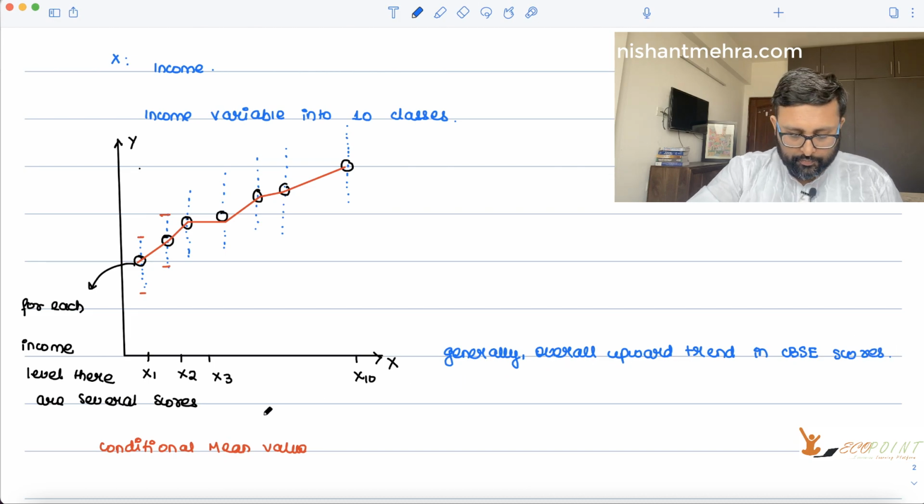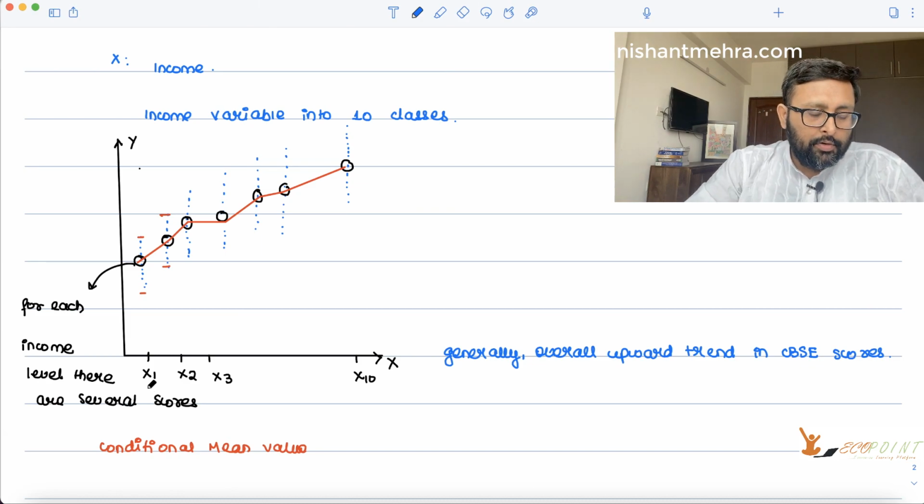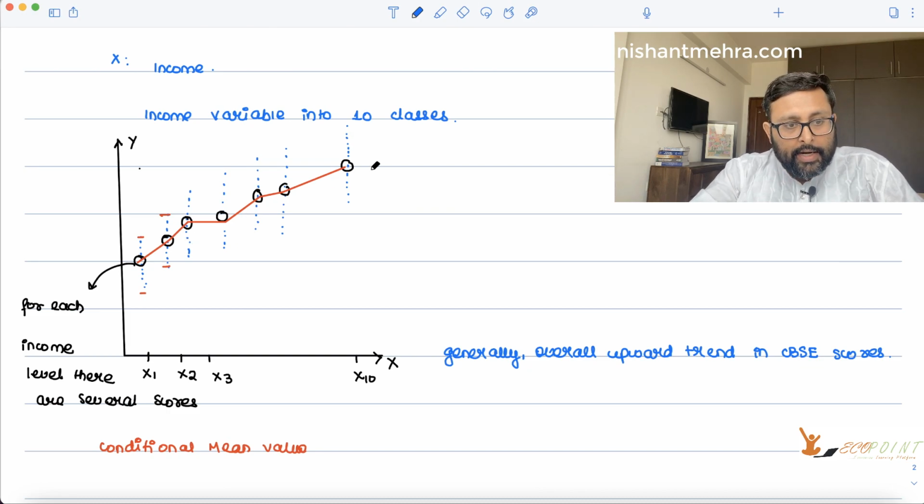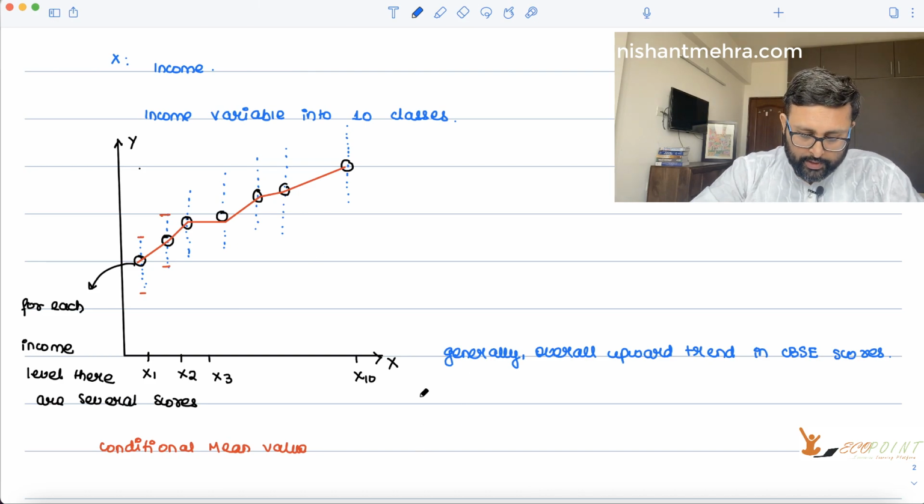And since you've assumed that the data is representing the population, the line which is connecting these conditional mean values is what is called your population regression line, right?